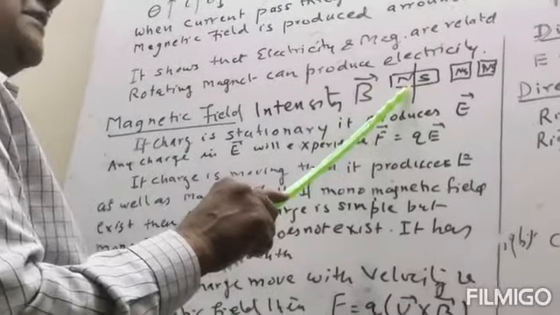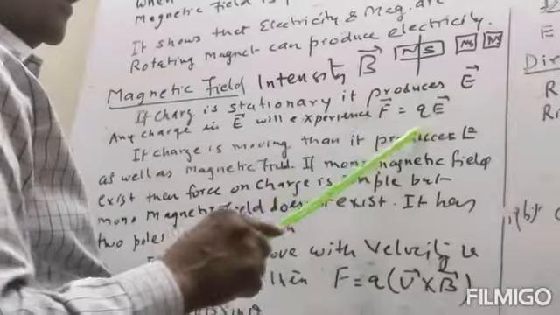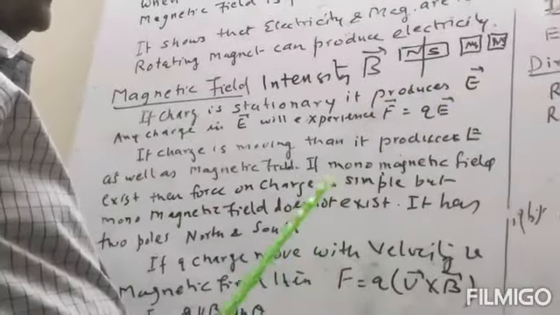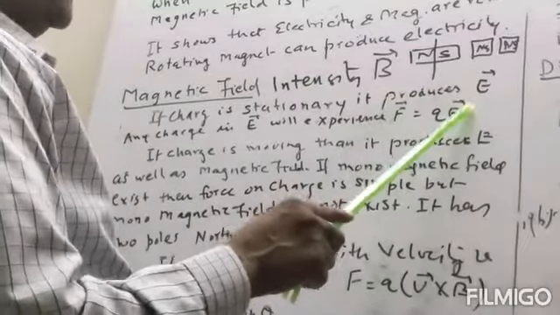So if the charge is in a magnetic field, then the relation for the force on the charge will not be this simple.